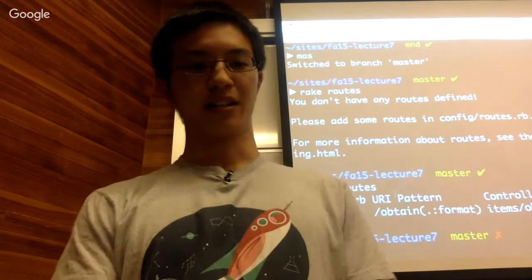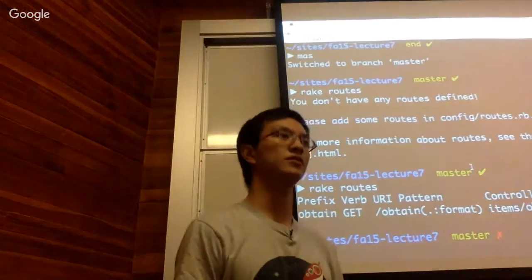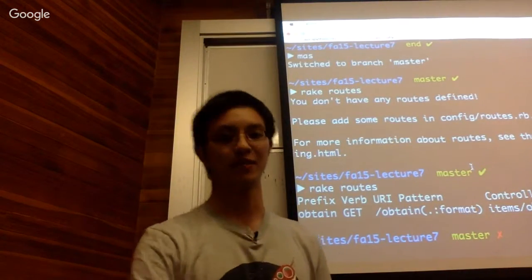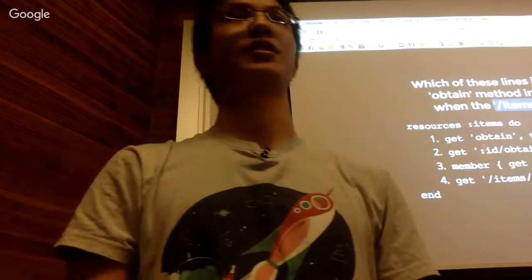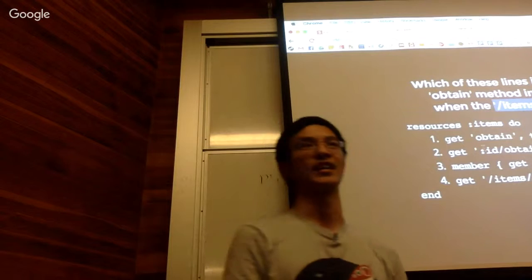Now this is incorrect. Why? Take a look at what I got out of my routes. This is the route that I added, and this is the route that I get. What was I trying to get? I was trying to get item slash one slash obtain, right? So why is the first choice incorrect? Any takers?